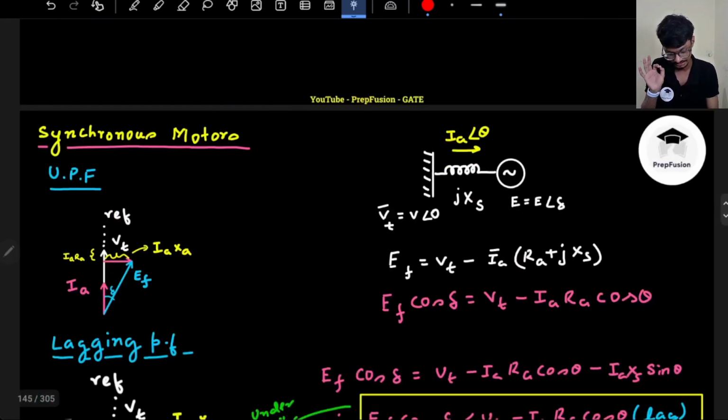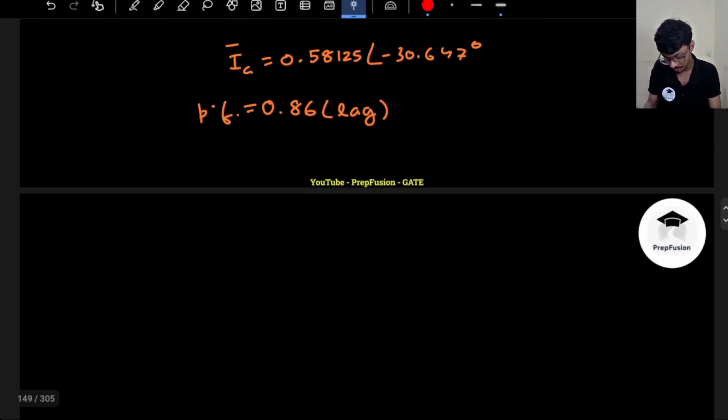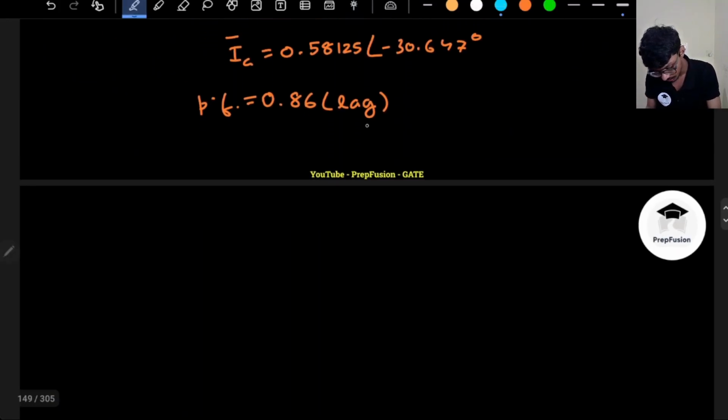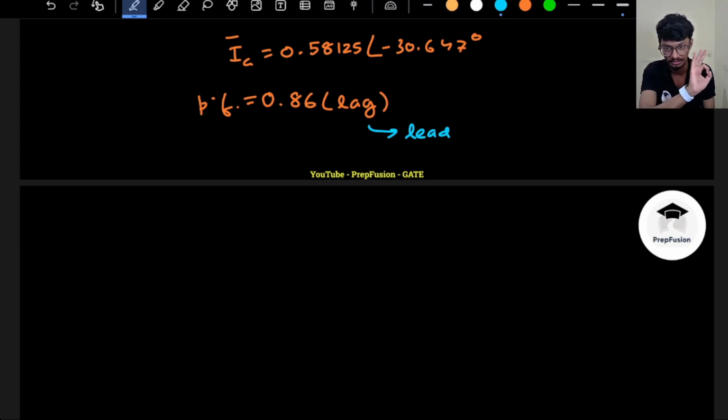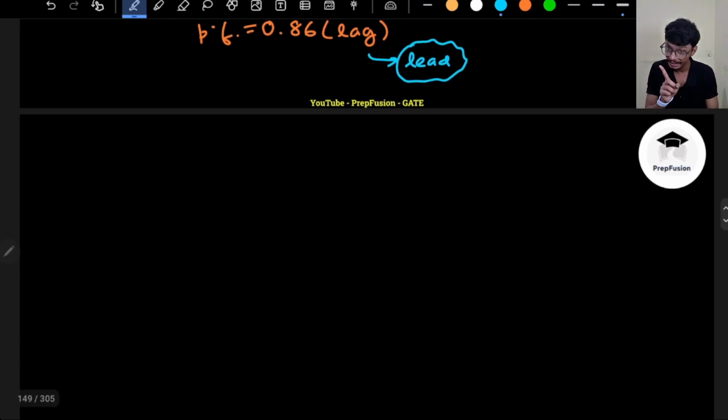So yes, the power factor will change from lagging to leading, though the magnitude will not change. Trust me, this is a very famous question, and anywhere else you will see it solved with so much complexity, but this question is actually very simple, okay.